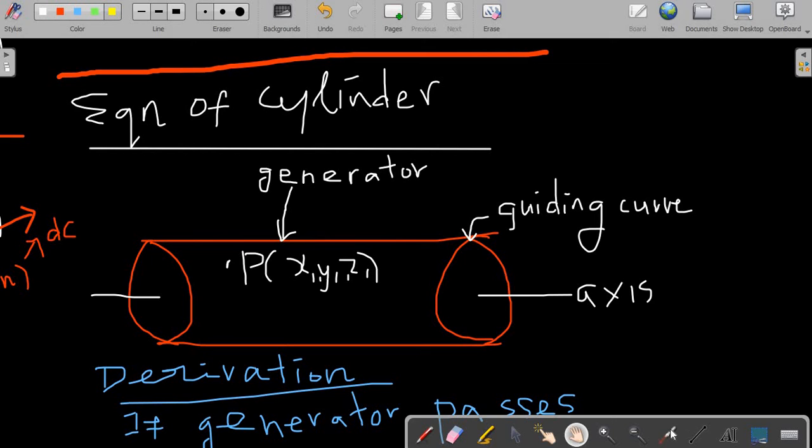Now look at that. This is a parallel line and this is a curve. Am I correct? And this is called the guiding curve. This is called a generator. So the intersection of the generator, a straight line, and a guiding curve f of x comma y comma z equals 0 will give you a picture in three dimensions like this.